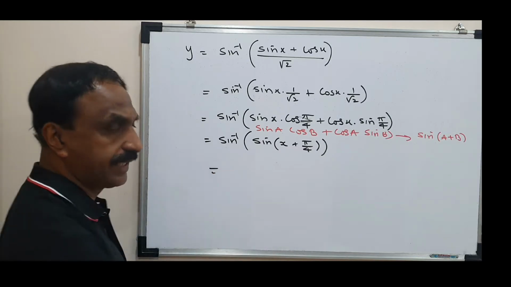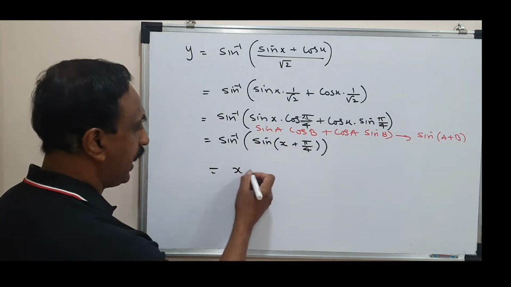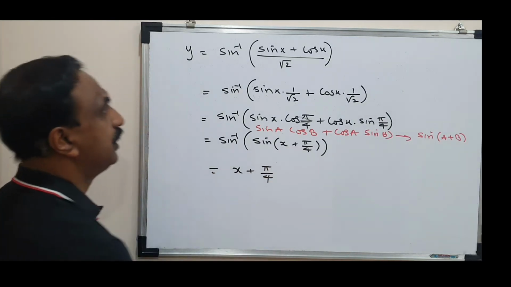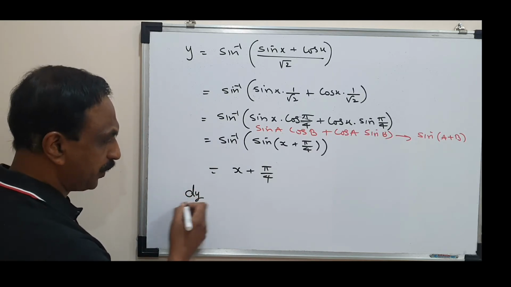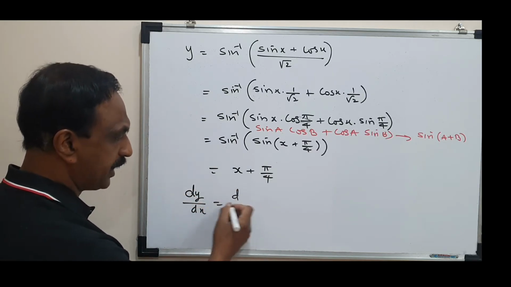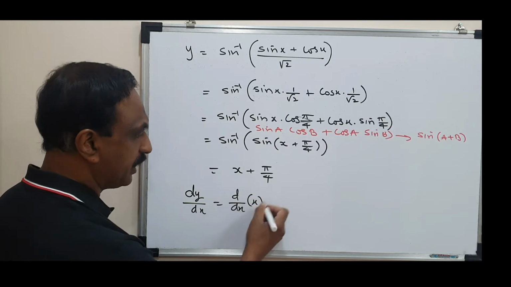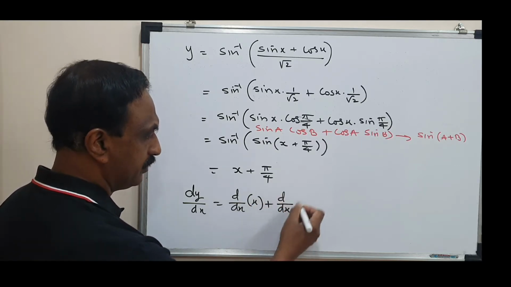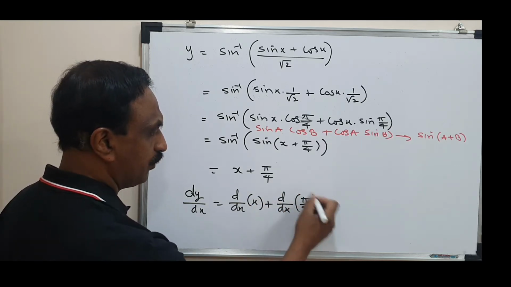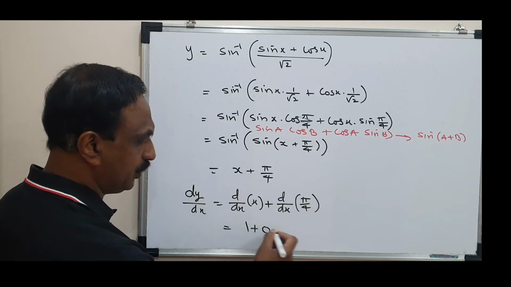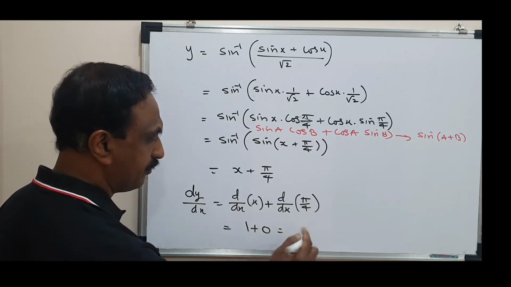So sine inverse sine get cancelled, so x plus pi by 4. Now I can differentiate this with respect to x. The derivative of x plus the derivative of pi by 4 gives you 1 plus 0, and gives you 1 as the answer.